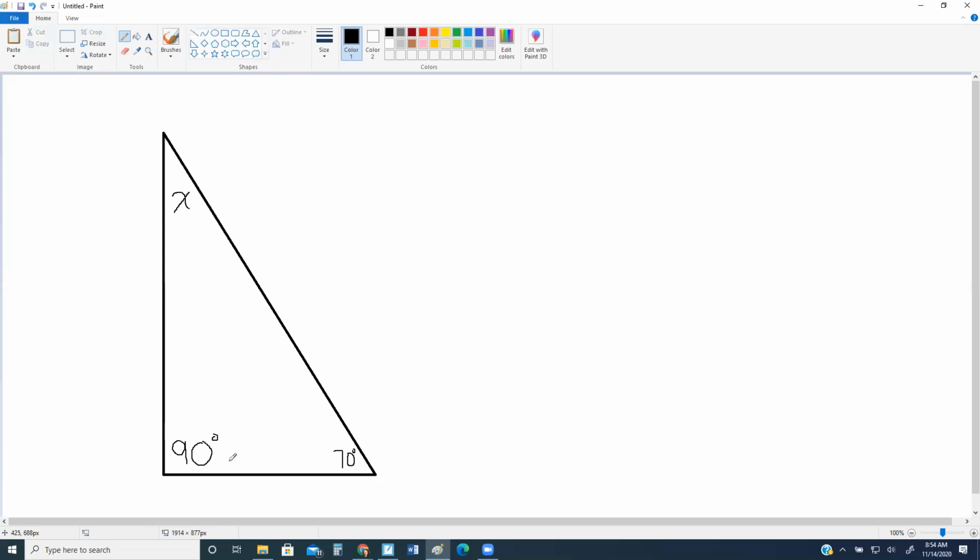Sure, because I know that the interior angles of this triangle all add to 180 degrees. I can say 90 plus 70 plus x equals 180 degrees. Let's combine some like terms over here. 90 plus 70 is 160 plus x equals 180.